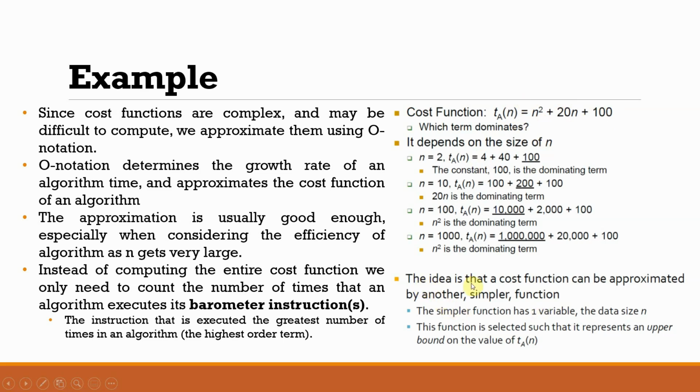So the idea is that the cost function can be approximated by another simpler function. This simpler function has only one variable, the data size n, and it is selected such that it represents an upper bound on the value of T of n. So we want an upper bound for this cost function or complexity function that we have.